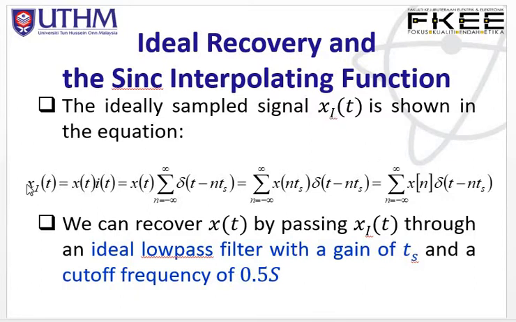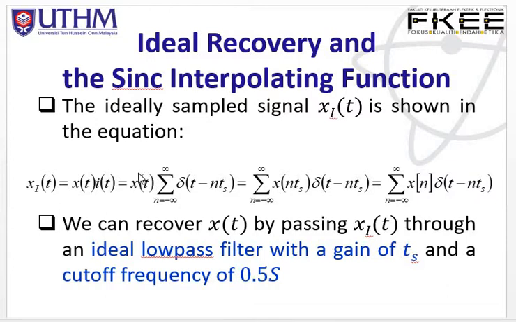The ideal x_i(t) is x(t) multiplied with the impulse train, or x(t) multiplied with the sum of the impulse strength, which is the summation of x(nTs). So this is the x(t).